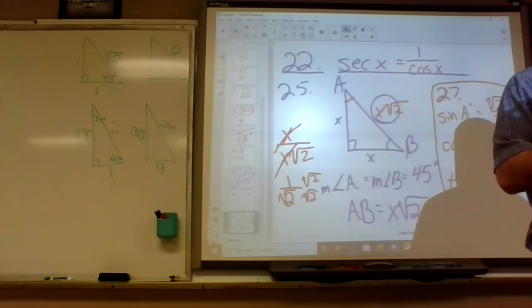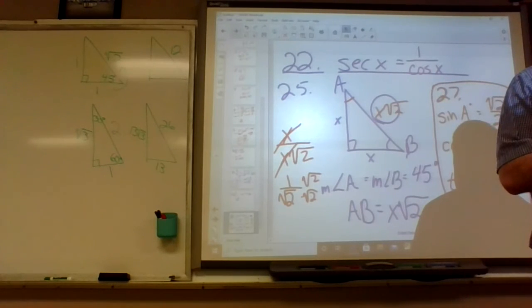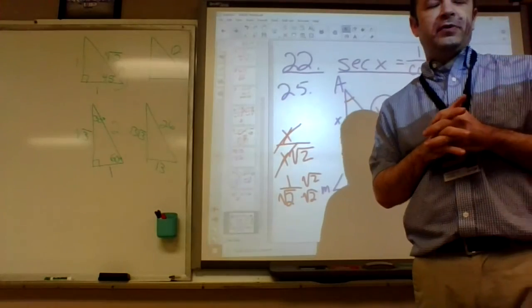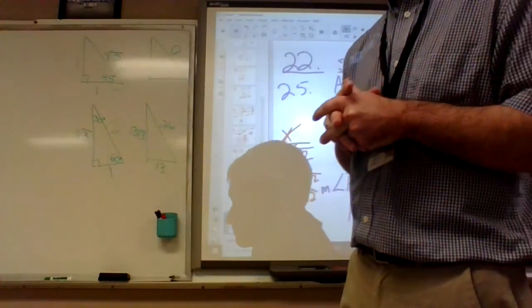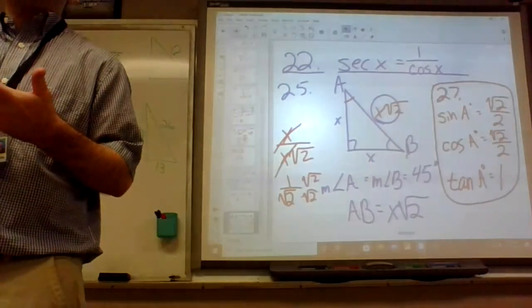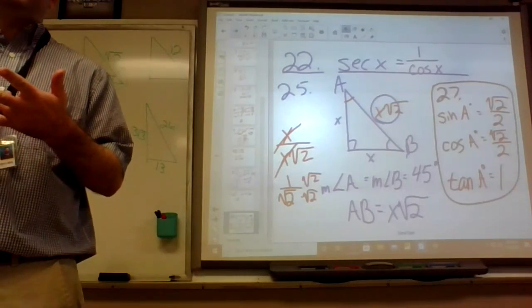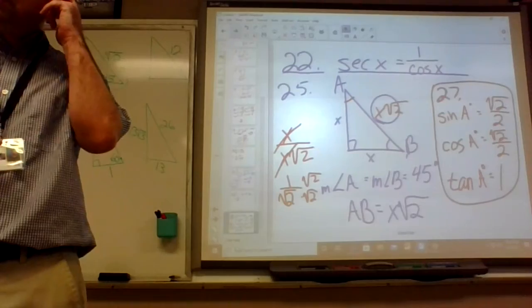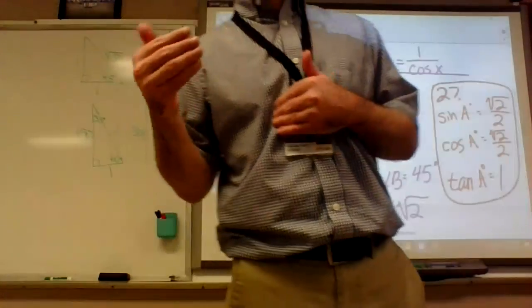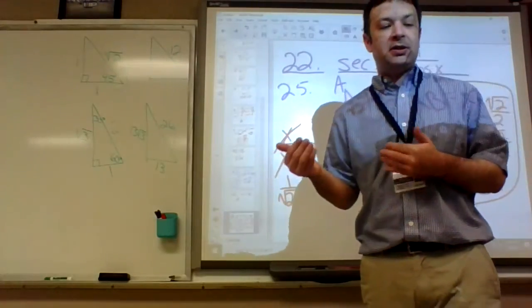Any ideas? Okay, if two triangles are similar, then the ratios of their sides are going to be the same. You guys remember that from the similar chapter? Yeah. And what cosine gives us is the ratio of two of the sides, the adjacent and the hypotenuse.